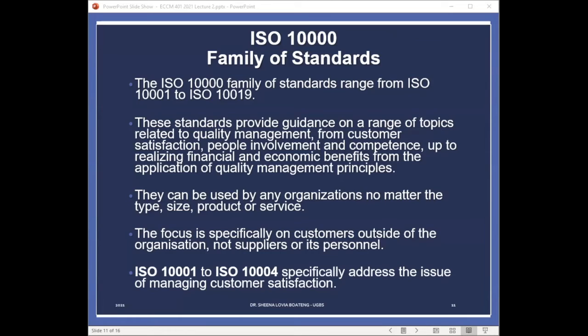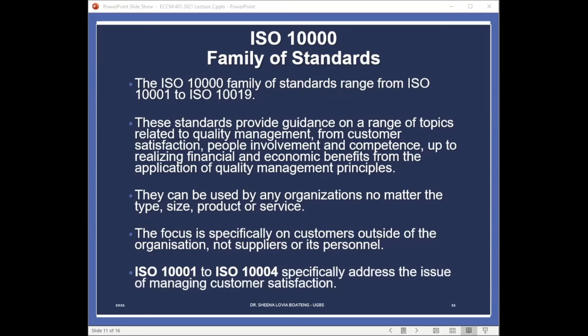Now, these standards provide guidance on a range of topics related to quality management, right down from customer satisfaction, which is what we are interested in our course, people involvement and competence, which also somehow influences customer satisfaction, up to realizing financial and economic benefits from the application of quality management principles, which is when you are going further down the 10,000s, getting closer to the 10,019 range.